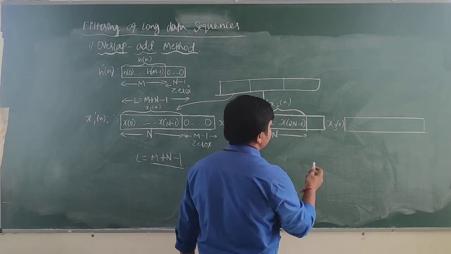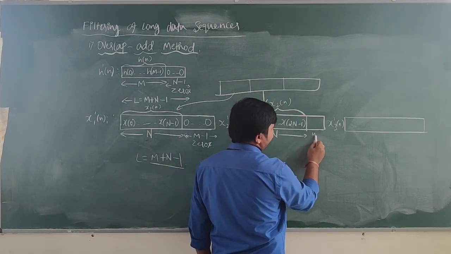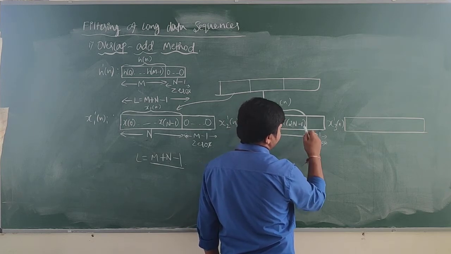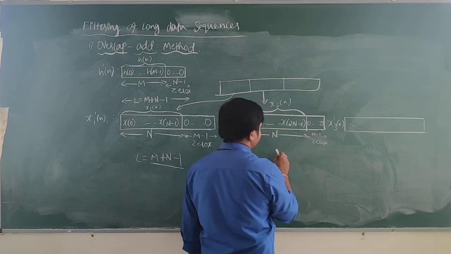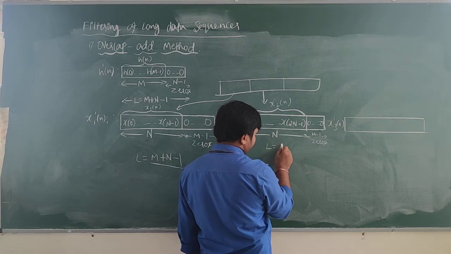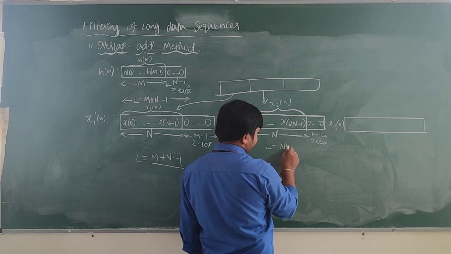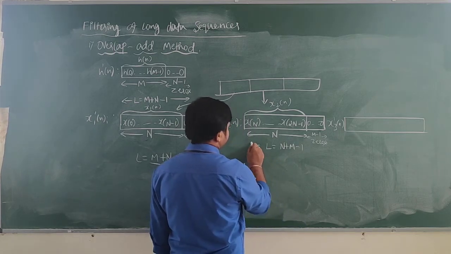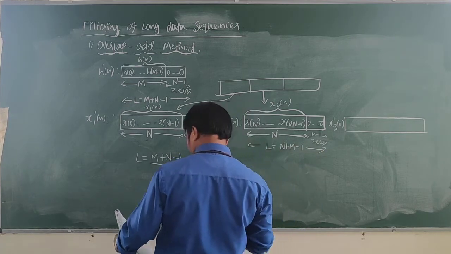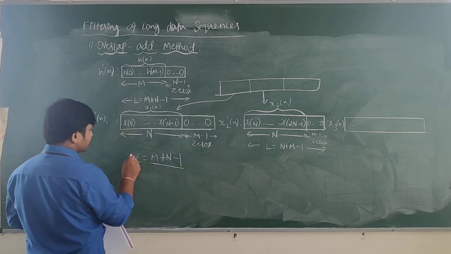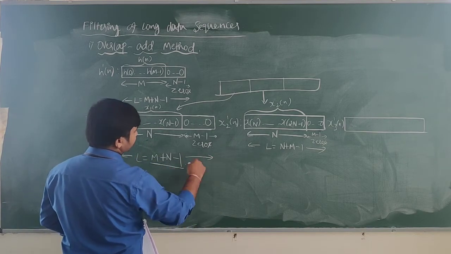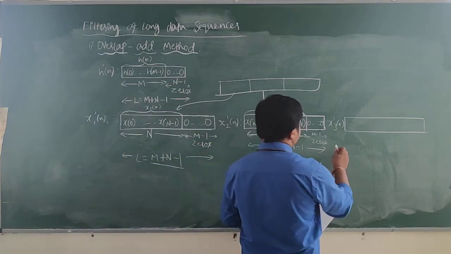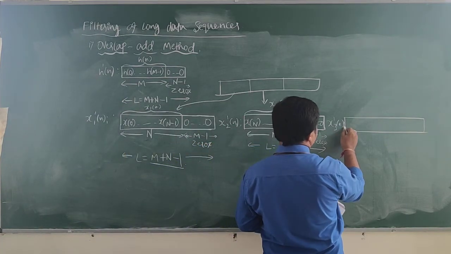Here again I need to add m minus 1 zeros to make the length n plus m minus 1, and this becomes x2 dash of n.